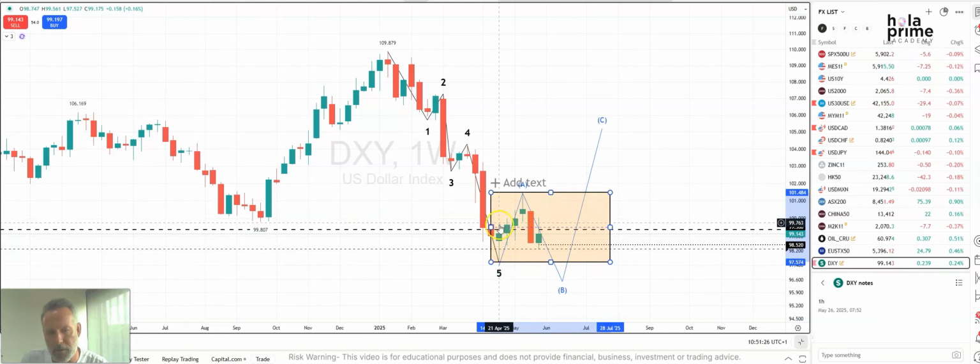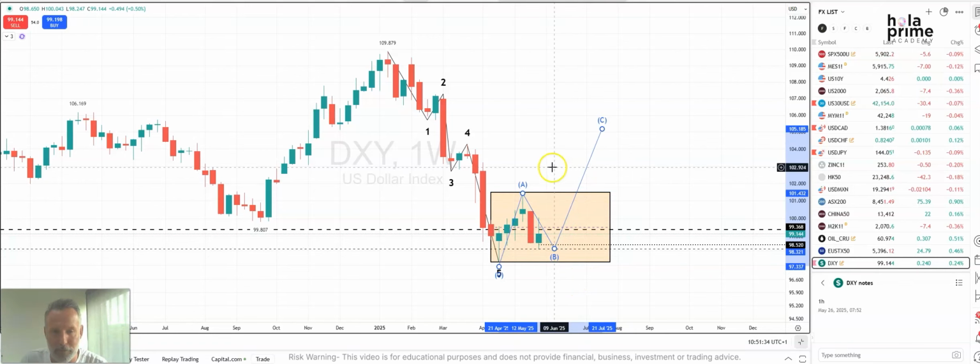So people looking to get long of the dollar in here, thinking that this is an ABC formation to the upside, and what actually happens is we get this fifth wave extension. It takes out all the stop losses below this previous swing low, which was located at 97.52, and then it drives to the upside.